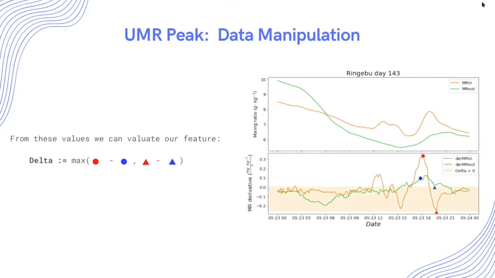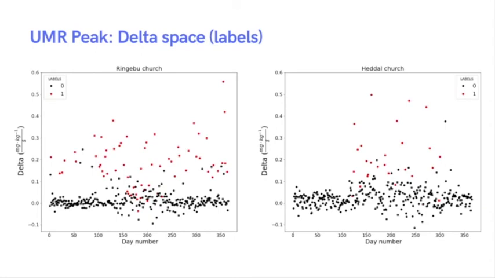Now that we have seen how to compute our feature delta, let's see the UMR Peak method results. Starting from a visualization, here we can see the value of delta for each day and for both churches, and in particular we can see how there is a good separation between days with label 1, so with events, and days with label 0, so without events.